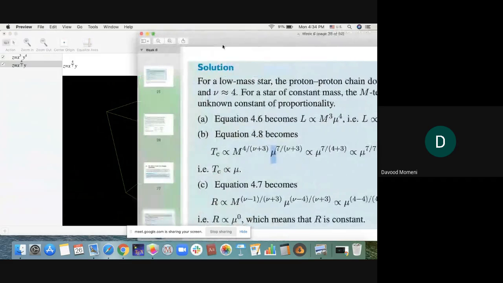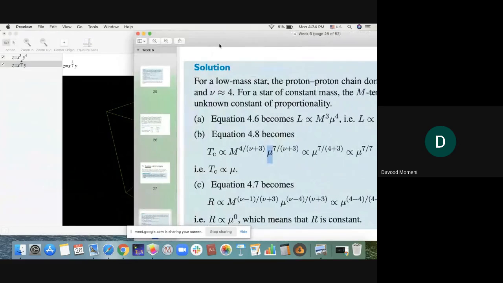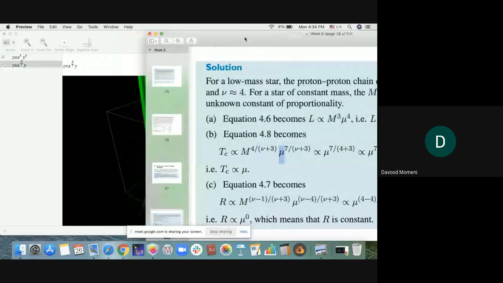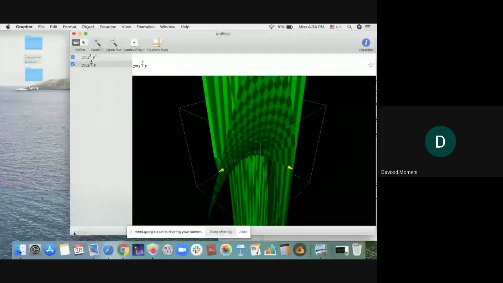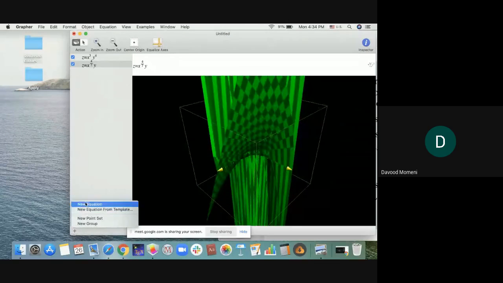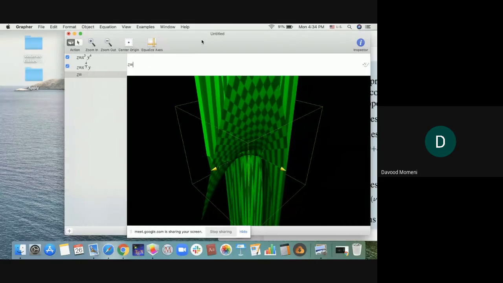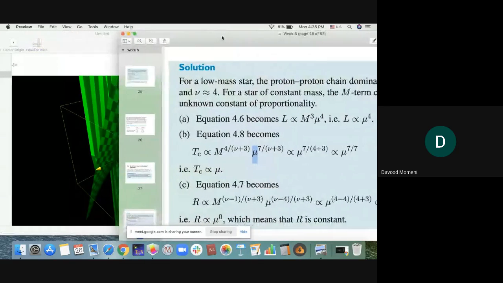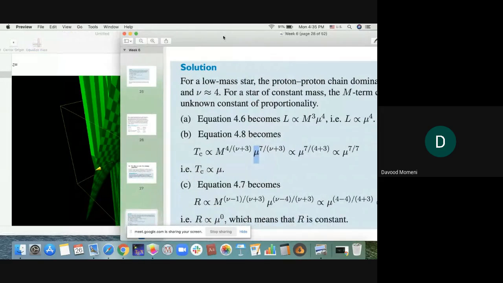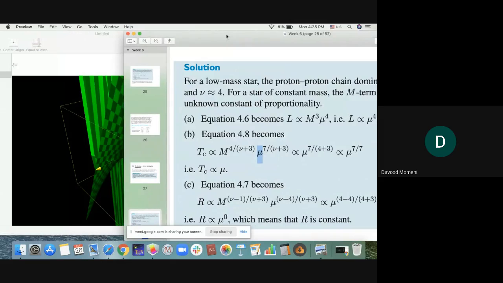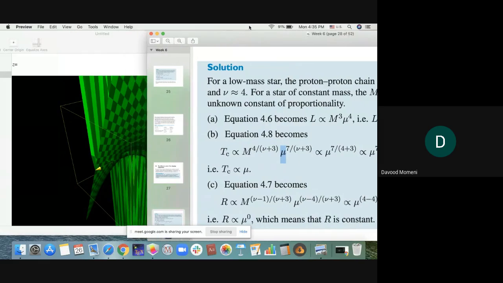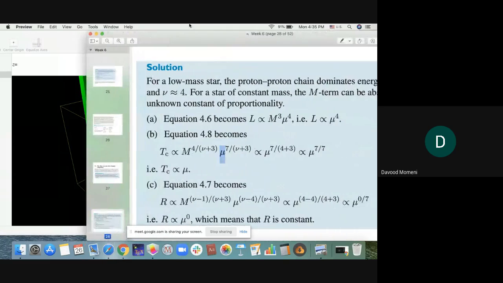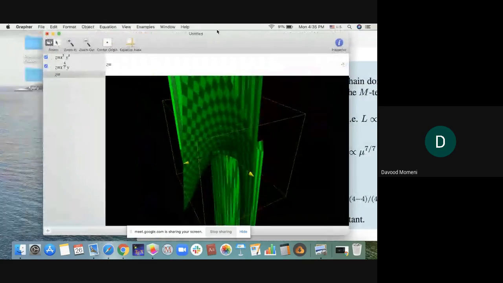And about the radius, it's very interesting if you consider the radius as a three-dimensional function. The radius for low mass stars will be m to the power (nu minus 1) over (nu plus 3). So if you set nu to 4, it is 3 over 7.